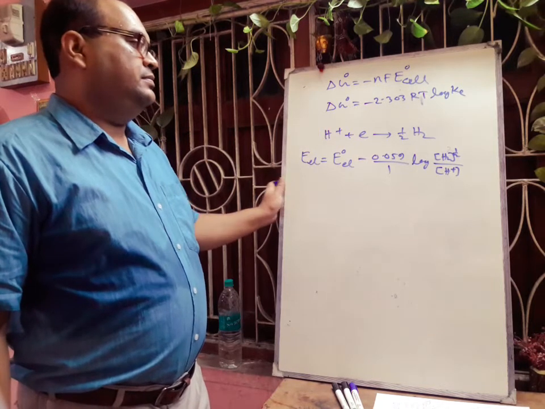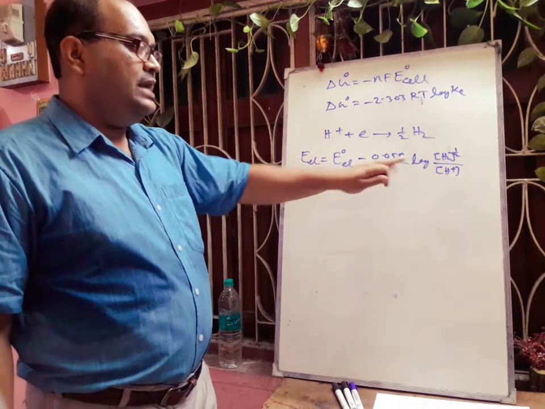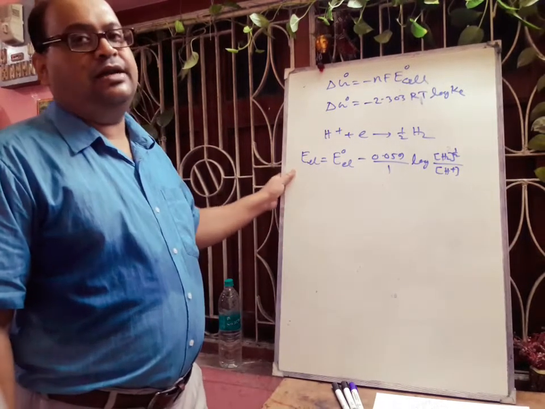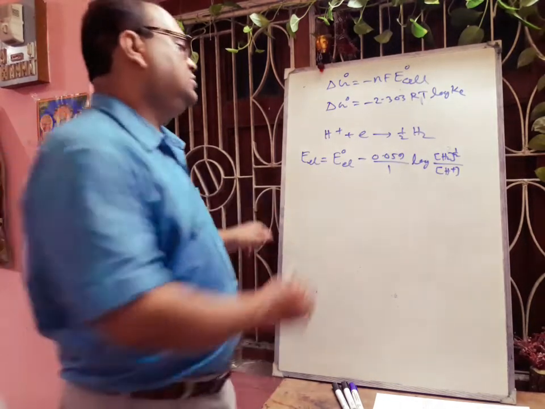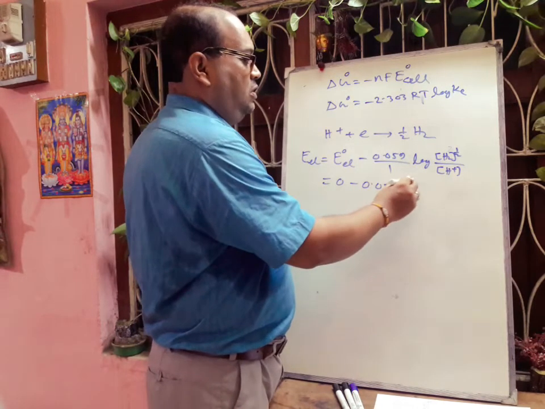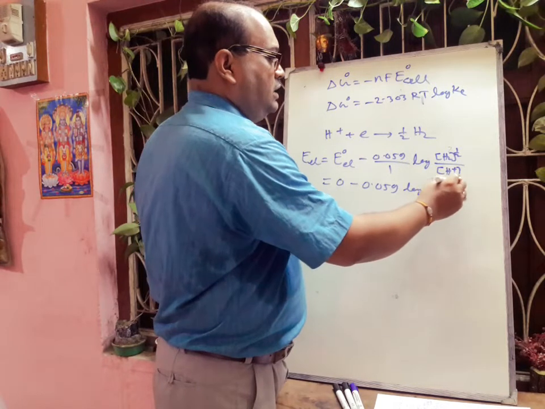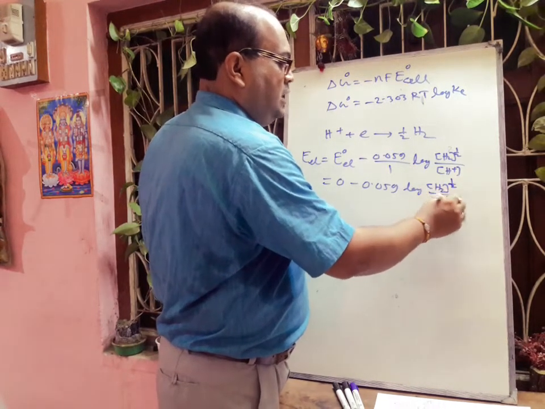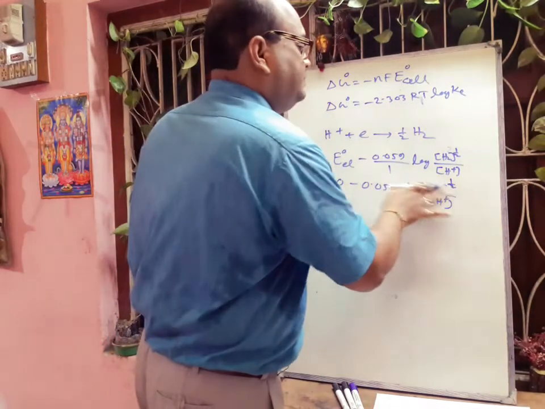Here we have to calculate the minus log concentration of H plus, that is the pH. This one is for the standard hydrogen electrode, so E0 will be 0. So we can put 0 minus 0.059 log of H2 to the power half divided by H plus. In case of pure gas, it will be nothing but 1.